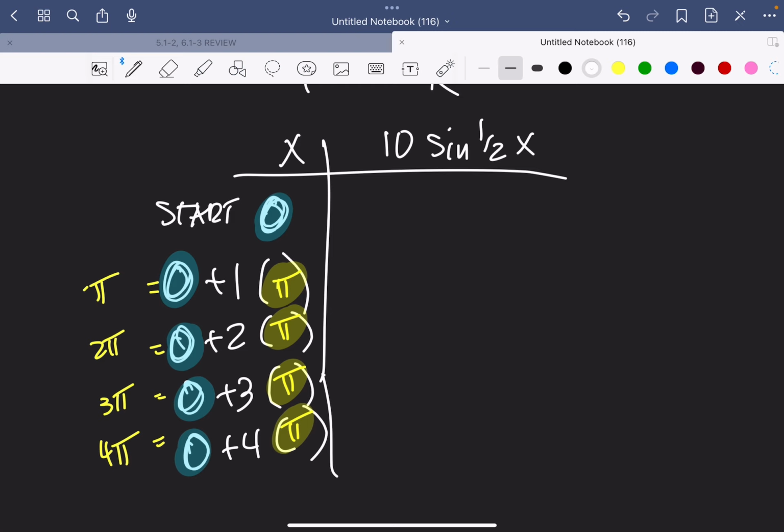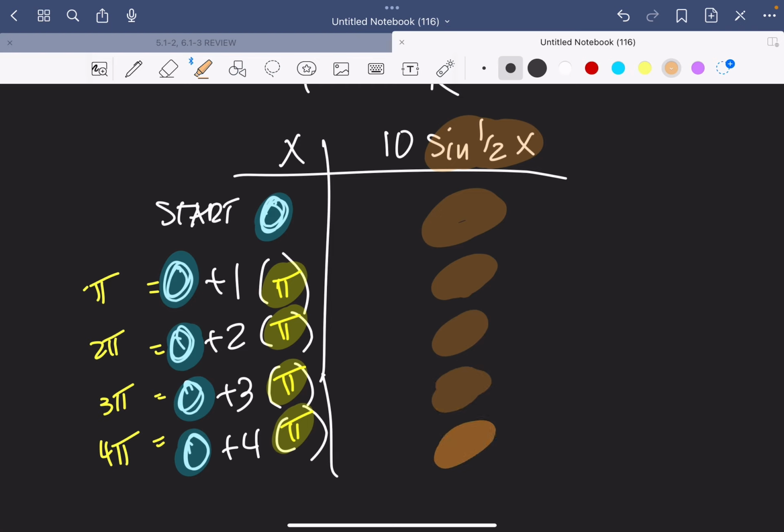So now I need to do the y's over here, and notice what we've got. We have got our old sine values. So we're going to take all these. 0, there's 1, 2, 3, 4 steps. All my old sine values on the basic sine function, it goes 0, 1, 0, -1, 0.